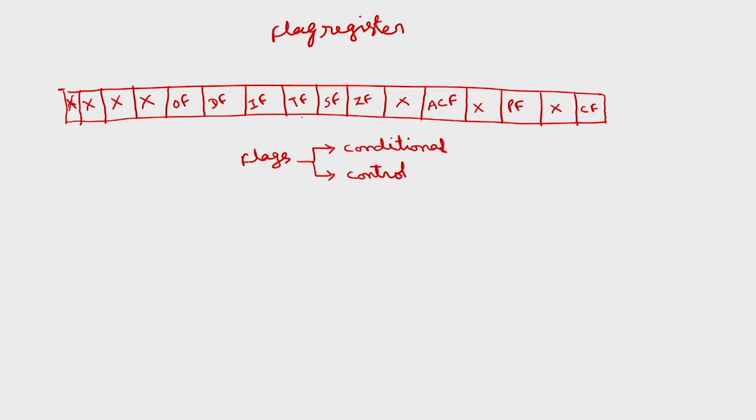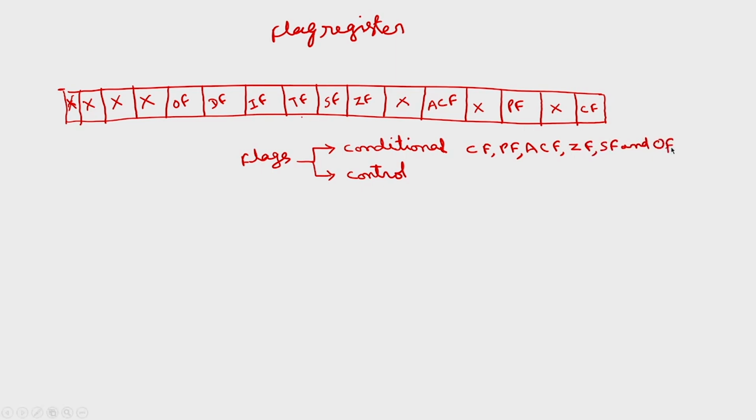Out of these 9 flags, there are 6 conditional flags, which are the carry flag, parity flag, auxiliary carry flag, zero flag, sign flag, and overflow flag.